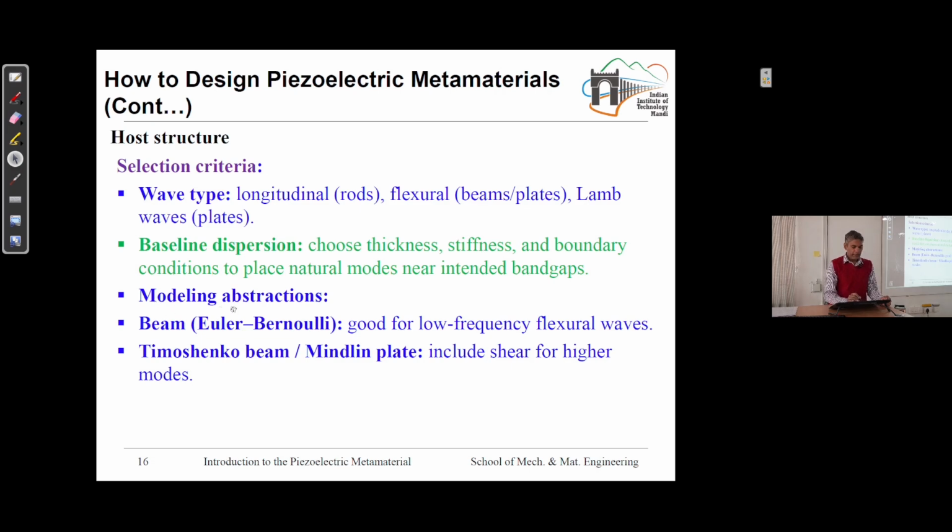Then modeling of abstractions, we can use beam theory, Timoshenko beam theory in the case of a beam, and in the case of 2D, Mindlin plate theory. As you can see, this is a very complicated structure, so we cannot use the conventional way. We have to use a numerical method, the finite element method, to design the host structure.